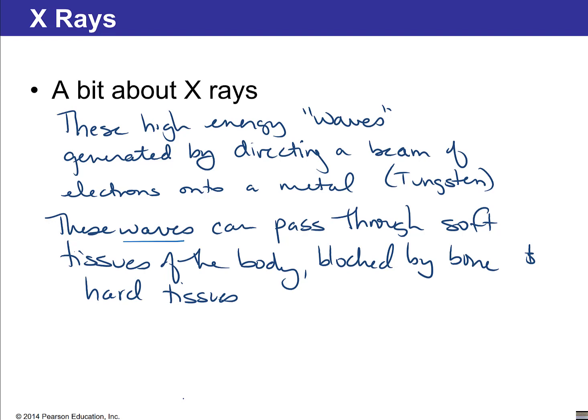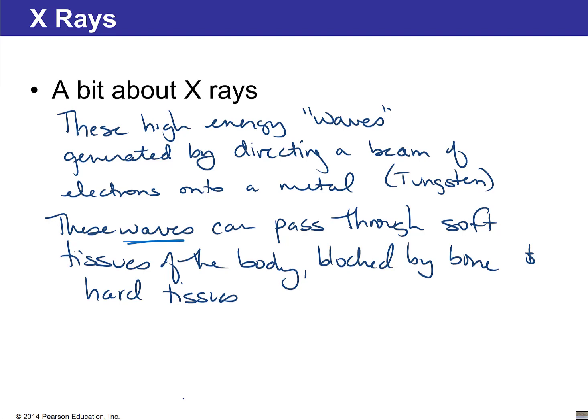These waves have enough energy that they can pass through soft tissues of the body, but they get blocked by bone. So they found that this was very useful as a way of being able to image hard structures inside of the body without actually having to do surgery. So you place a film on one side, you expose that body part to this energy.